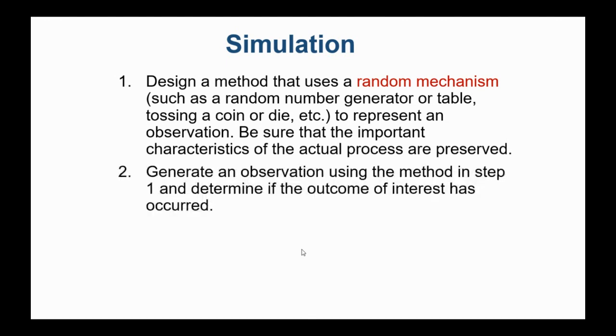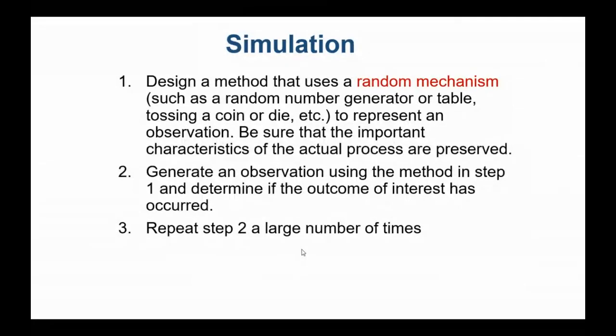We generate an observation using the method that we determined in step 1 and determine if the outcome of interest has occurred. And then we repeat step 2 a large number of times, at least probably 100 times.